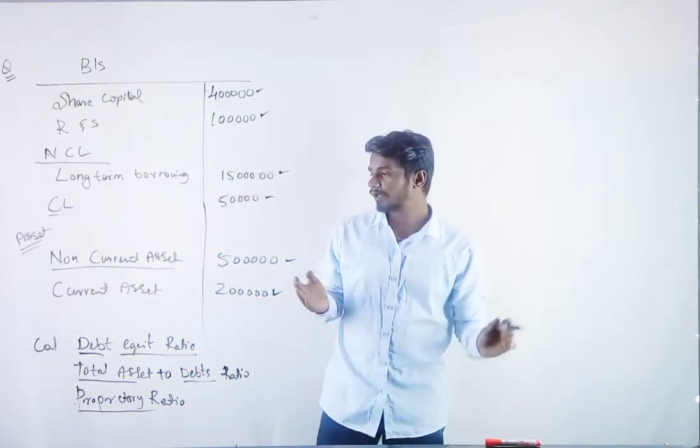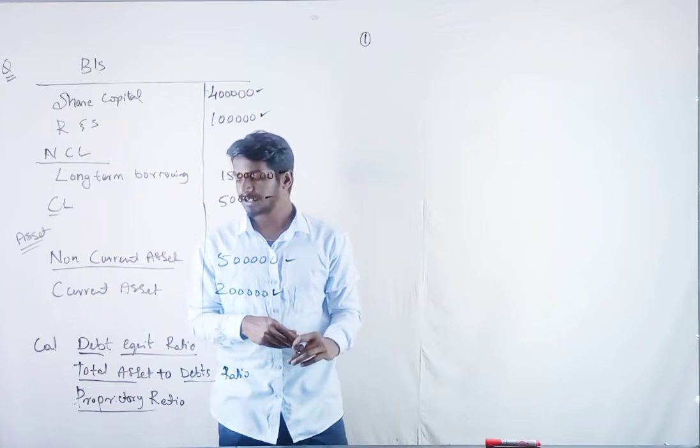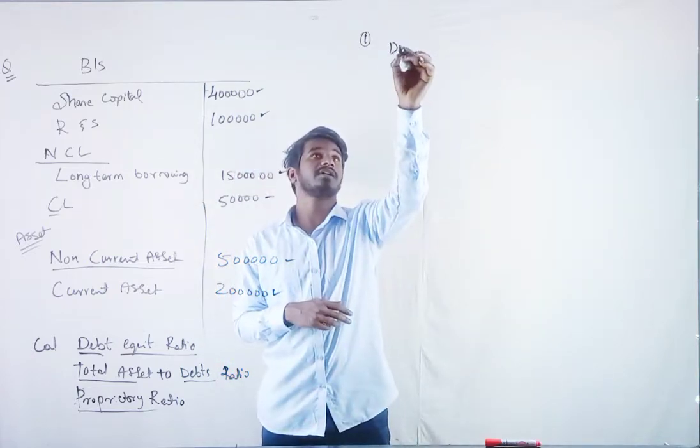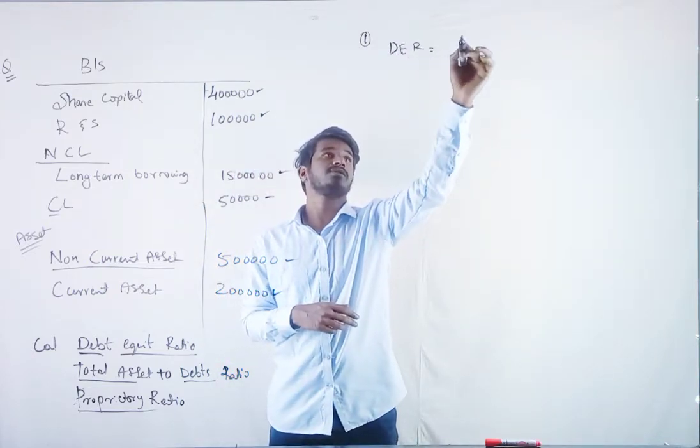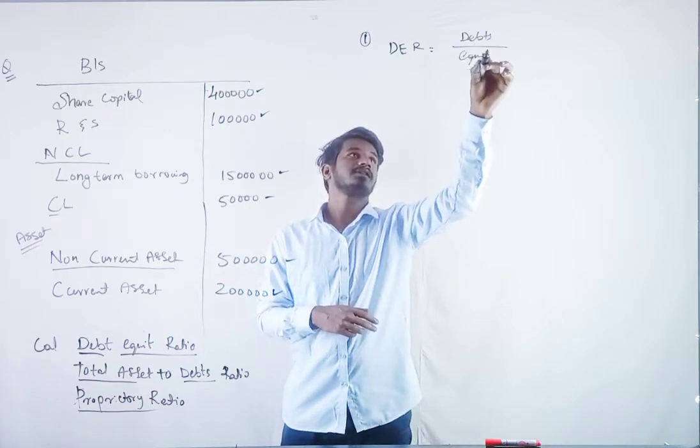So one by one we'll do. The first thing, debt equity ratio. The formula is debts divided by equity.